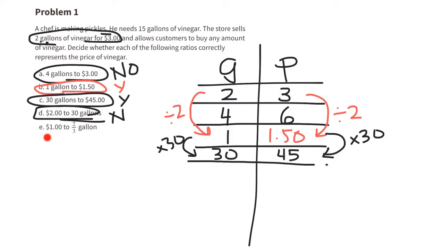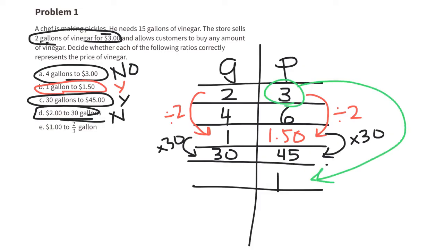And the last one, $1 for 2/3 of a gallon. So $1. So what is that going to look like? Well, that means we're going to put 1 right here. So how do we go from $3 to $1? We're going to multiply by 1/3. Remember, that's the same thing as divide by 3. So what are we going to do with our 2?